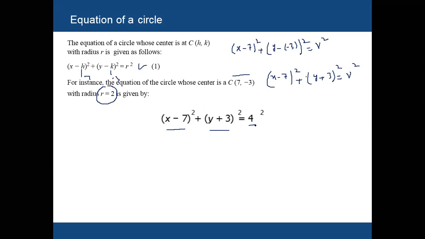Now we have this equation, and two more points are given, like point a, we have 4 and 3, and you need to find whether these points are inside the circle, outside the circle, or lie on the circumference of the circle. So how can you find? Yes, r is 2, but in the formula we have what?